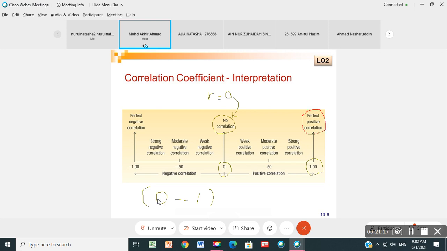In case R equal to 1.0. Okay. So how about R 0.5? So boleh tanya Nurul Ain.